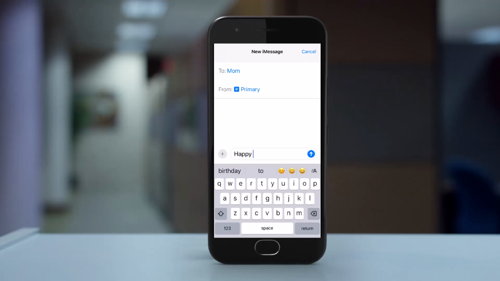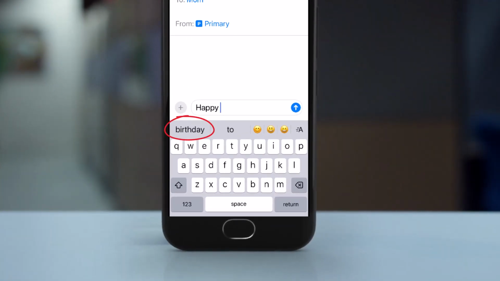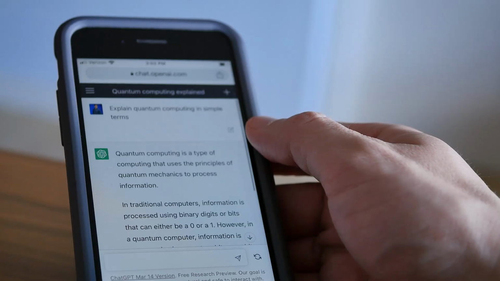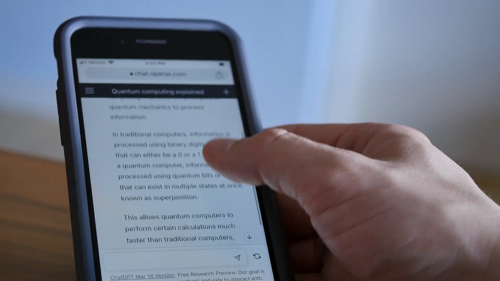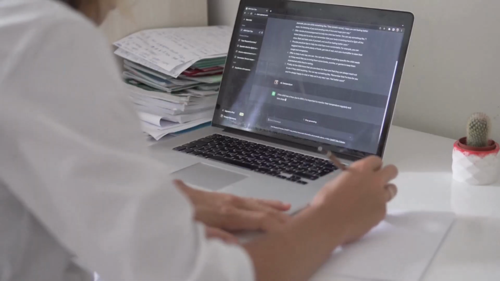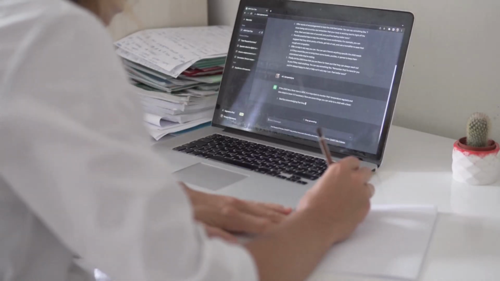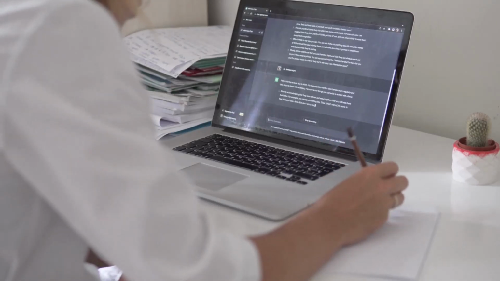For instance, it's likely that when you start a text message by typing happy, the system will suggest birthday as the next word. More advanced AI models like ChatGPT operate on the same core principle, but are trained on much larger data sets and can generate much more complex and contextually appropriate responses.